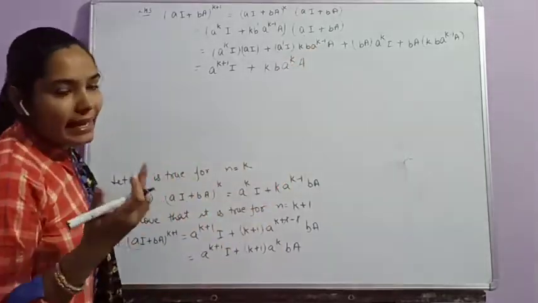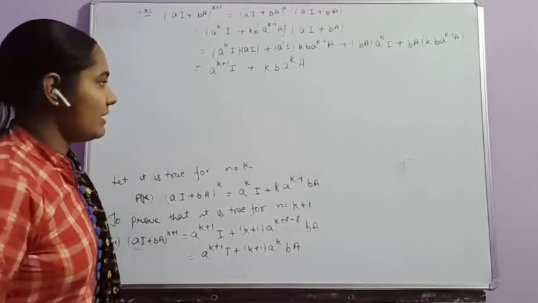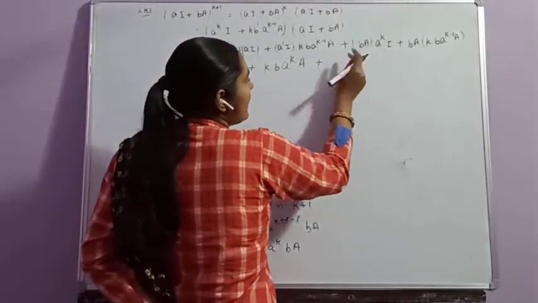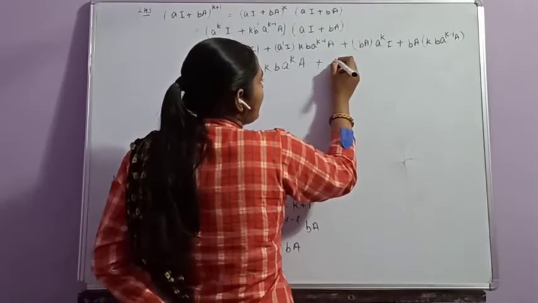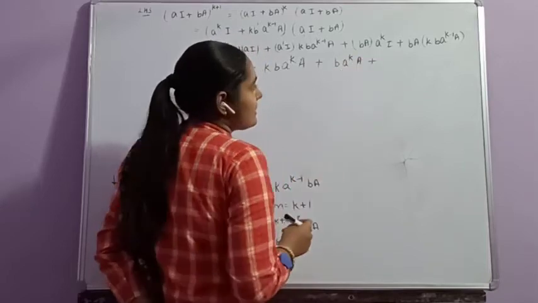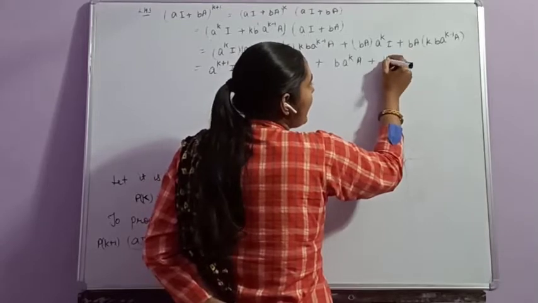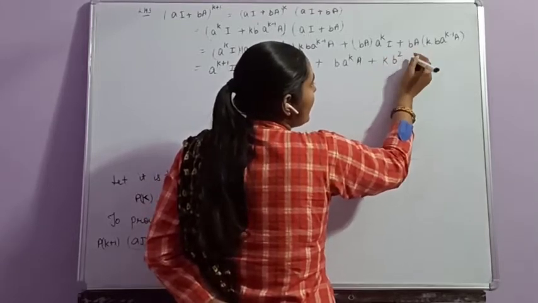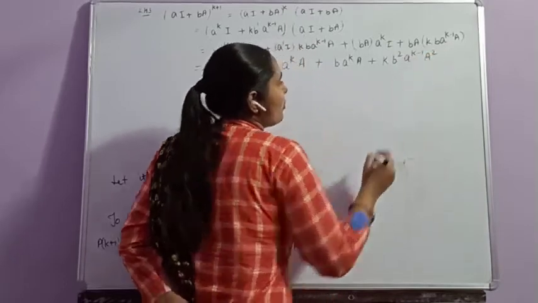If we multiply any matrix with the identity matrix, then it will give us the same matrix. Similarly, it will be equal to b a^k A plus, next, if we multiply it, then k b squared a raised to the power k minus 1 into A squared.